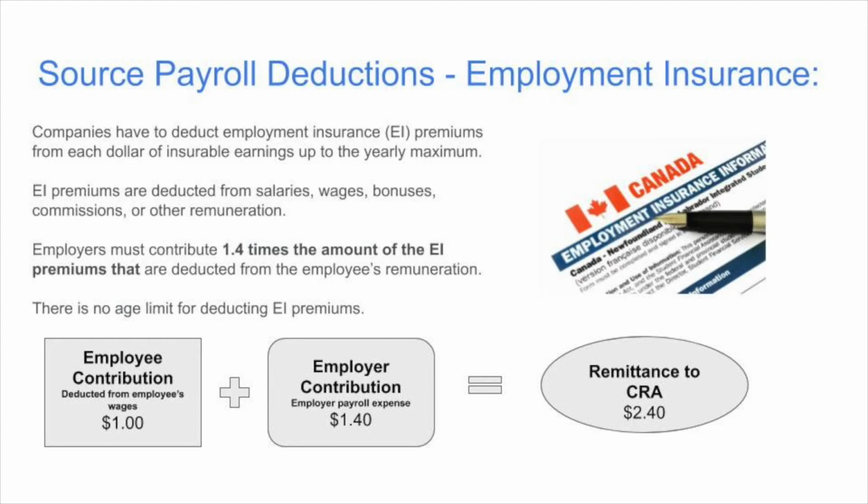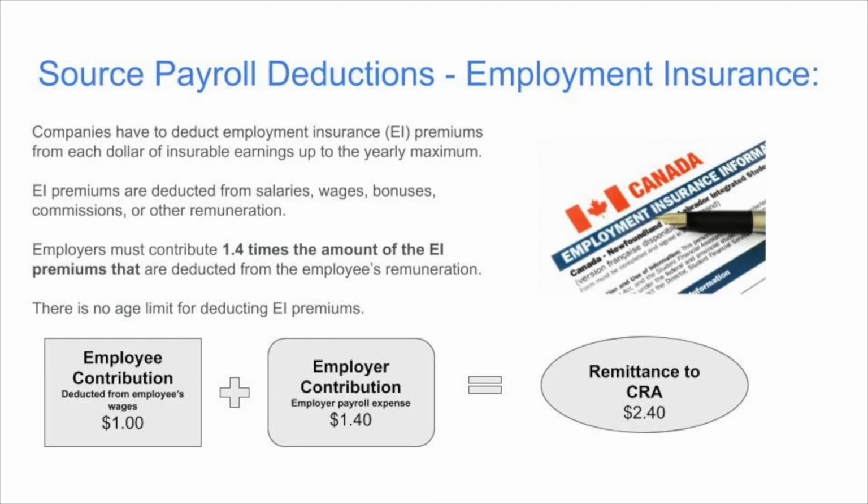But suffice to say, you're going to contribute to it as well, and your contribution is $1.40. So effectively, the employee pays $1, you pay $1.40. You're responsible for collecting the employee's portion and your portion, so you're going to be sending $2.40, $1 plus $1.40, to the federal government for the purposes of employment insurance.